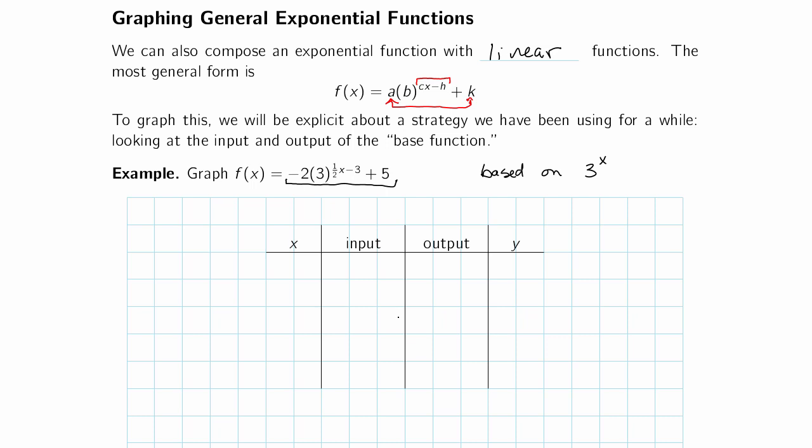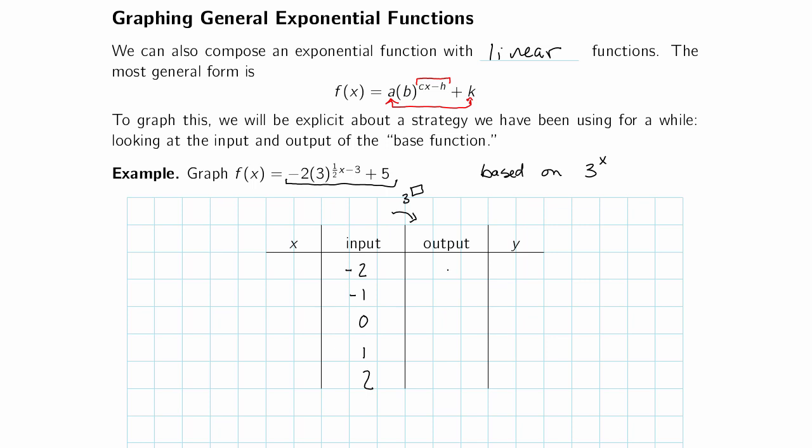And the way we're going to start planning our graph is to think about not our big complicated function, but our base function, which takes some number and raises 3 to that power. And we're going to think about the input of that function. We'll take maybe -2, -1, 0, 1, 2, just to get a range of values. And then we'll take 3 to each of those powers.